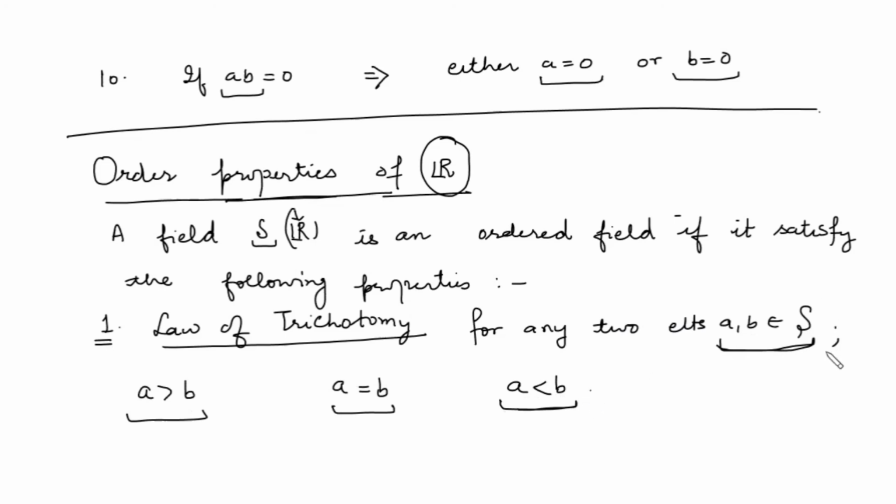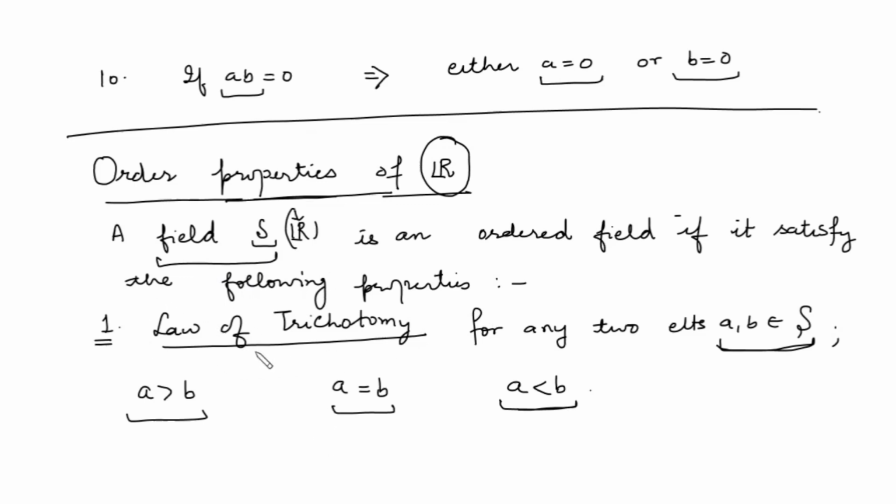This always holds. So these are the order properties. We can compare two real numbers or the members of any field S. Any field S is said to be an ordered field if it satisfies some properties.